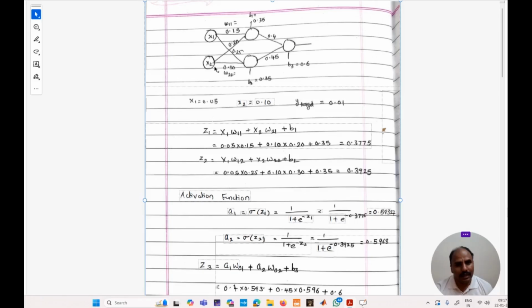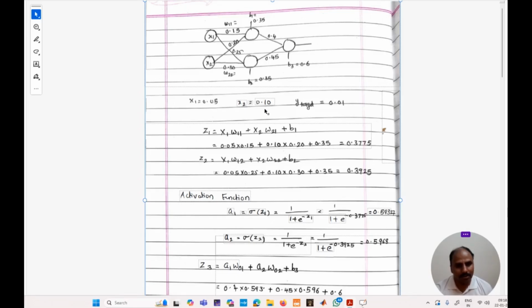There are also three biases mentioned. Now we are going to predict the output with this input. The target output is given as 0.01. We have to get this using the inputs x1 equal to 0.05 and x2 equal to 0.10.